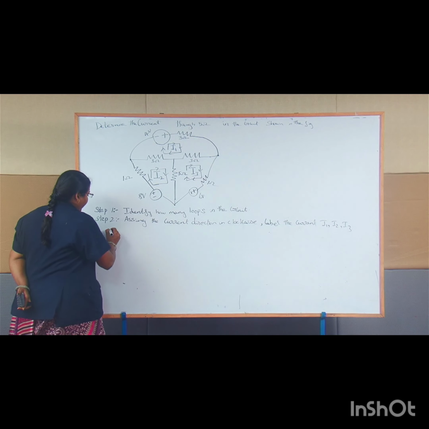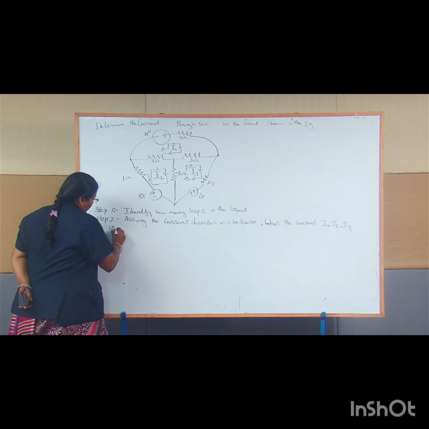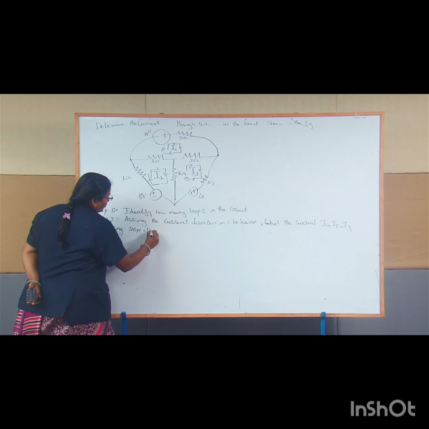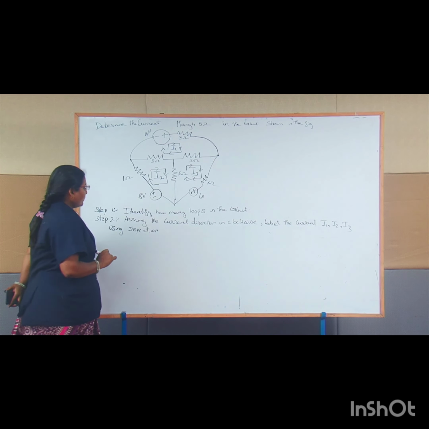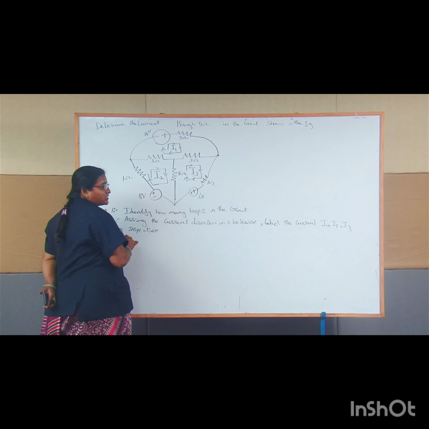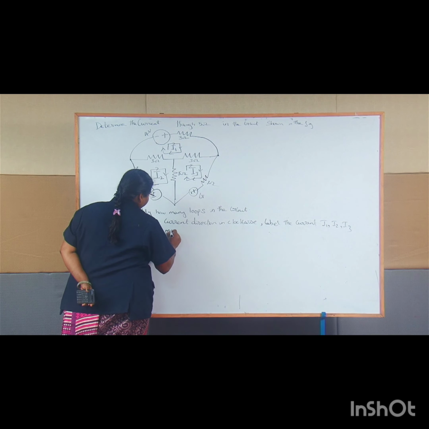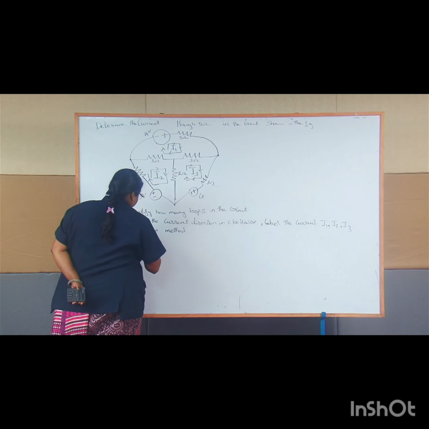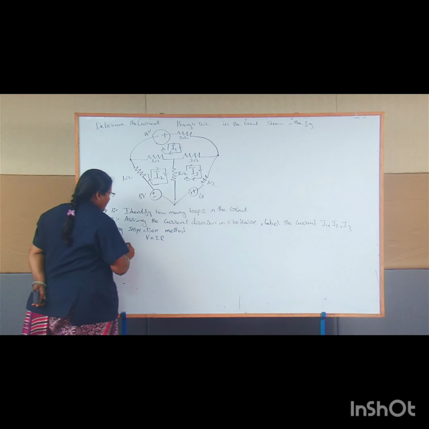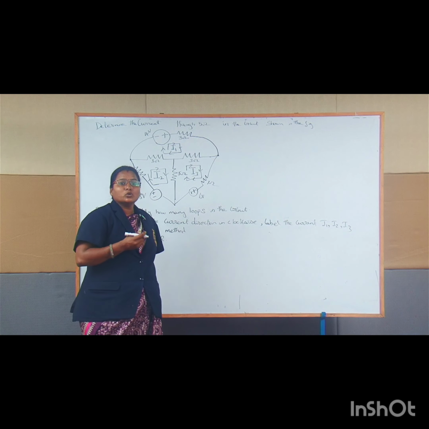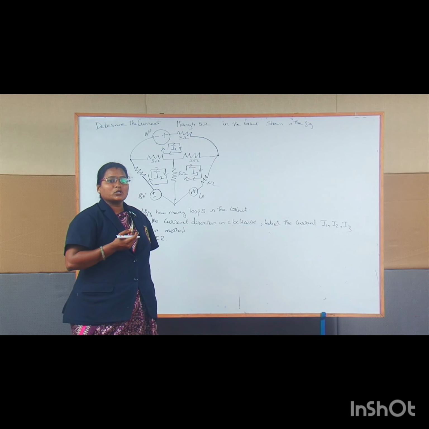I am going to apply the inspection method. Once you form the matrix, you can form the equation, which is equal to your KVL equation. So V equal to I into R. Here 3 loops are there. If they mention 2 loops, it means only a 2 cross 2 matrix.